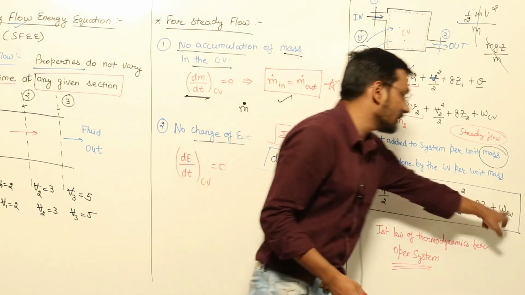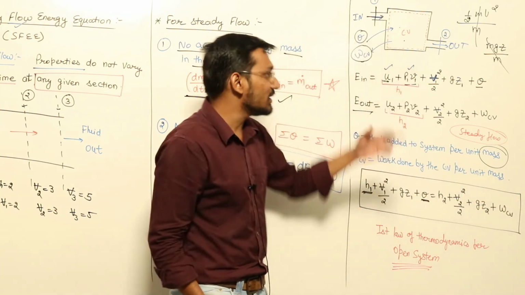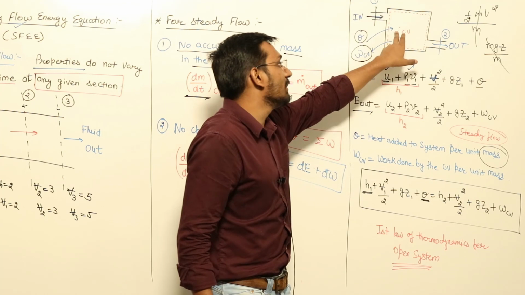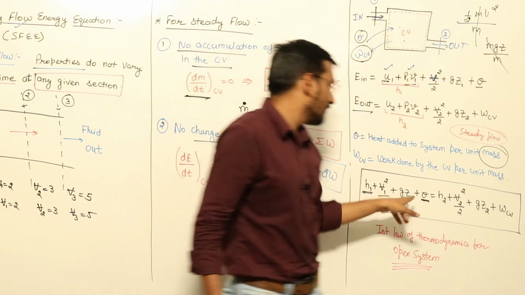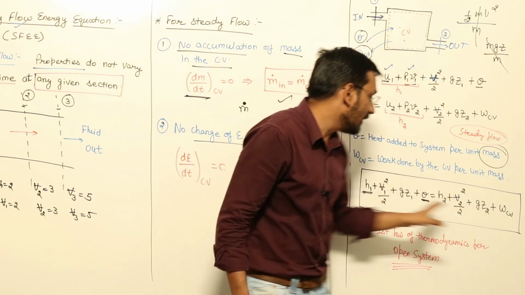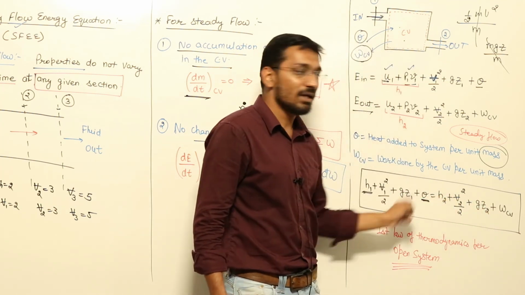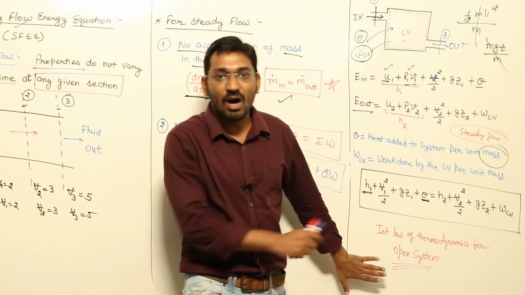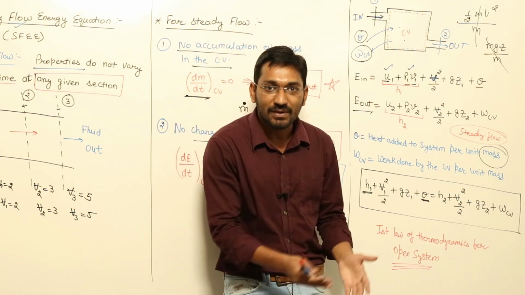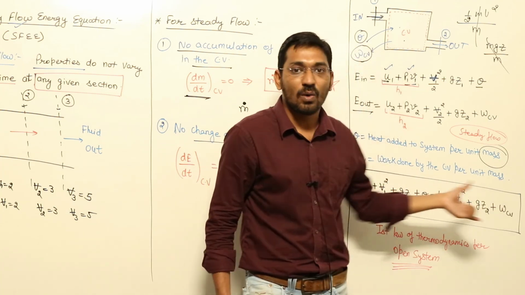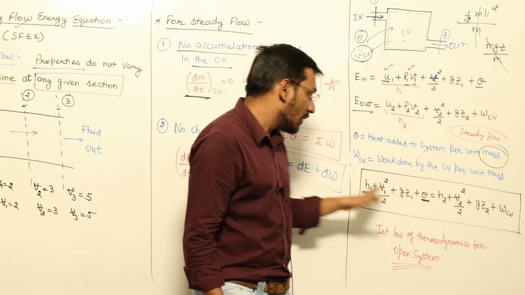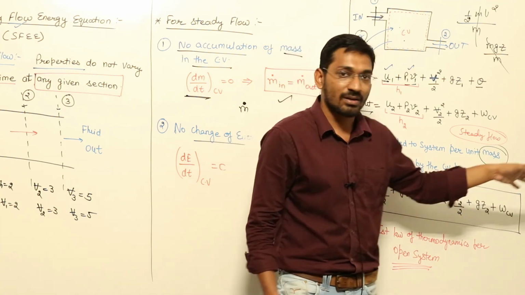So these are the positive values. If anything changes in your question, suppose heat is coming out of the system or work is done on the system, then you can take a minus sign here, and all the terms are per unit mass. So this is the first law of thermodynamics for an open system, or you can say this is your steady flow energy equation, which is the most important thing. This is the steady flow energy equation.